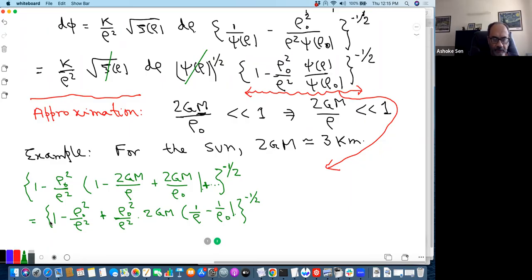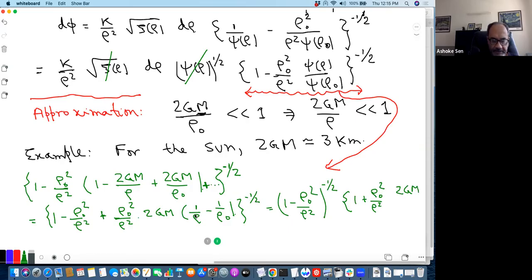Now we'll further take this 1 minus rho 0 square over rho square outside. So I write this as 1 minus rho 0 square over rho square to the power minus half, and then 1 plus rho 0 square over rho square times 2 GM.